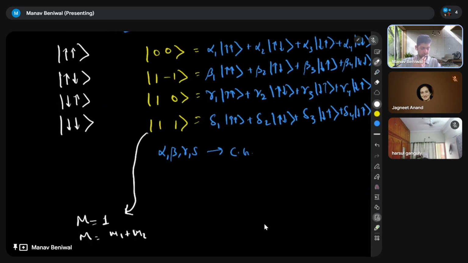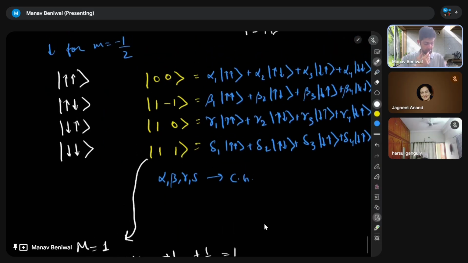So both of them have to be plus half to give me an m equals 1 state, which means that my up up state directly corresponds to my m equals 1 state.